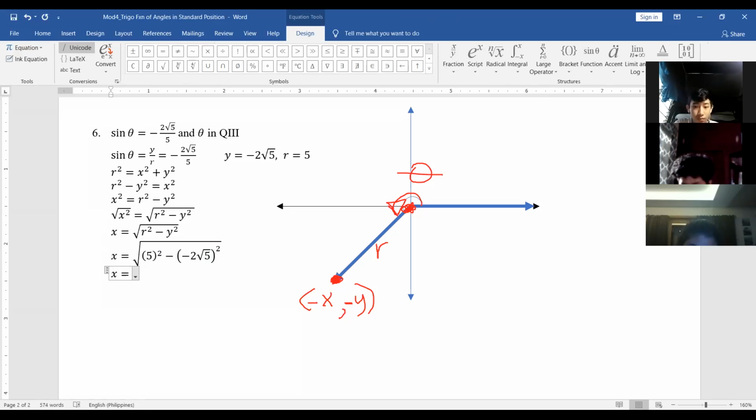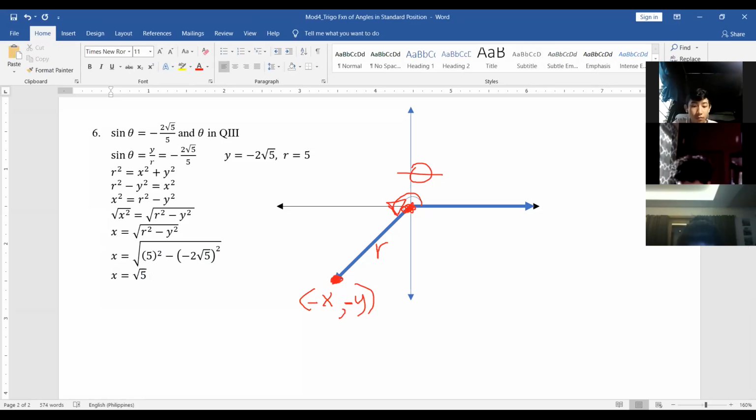The answer for x is equal to square root of 5. Now you have the x, the y, and the r. You are now ready to find the values of your sine, cosine, and tangent.